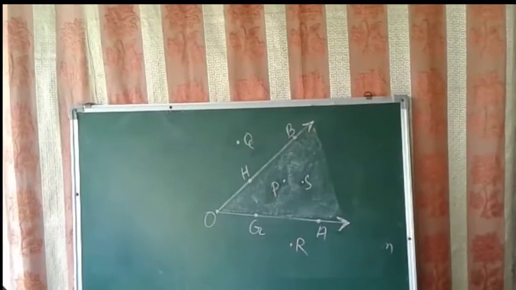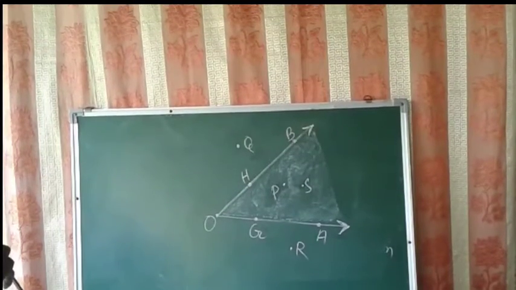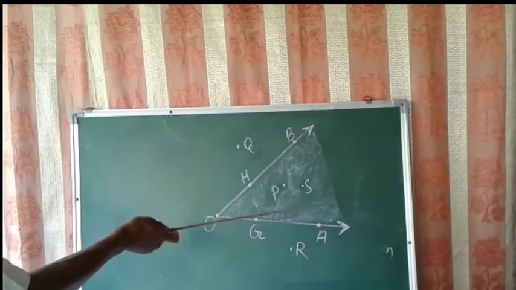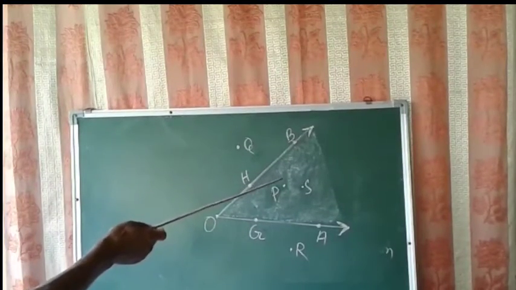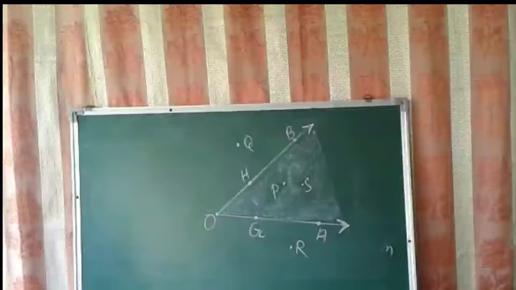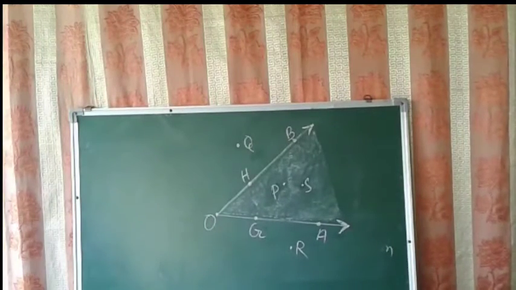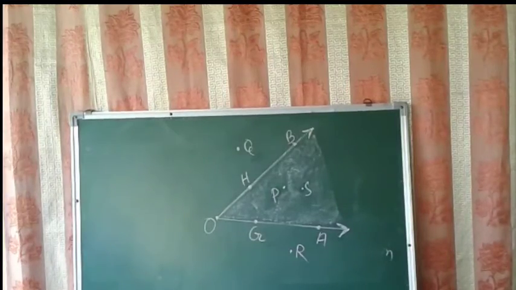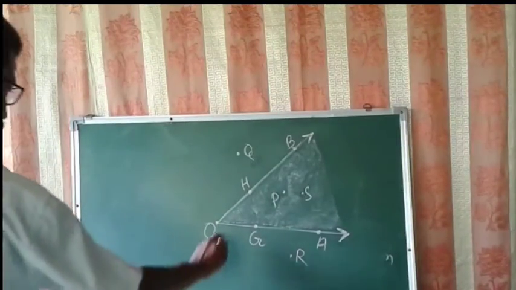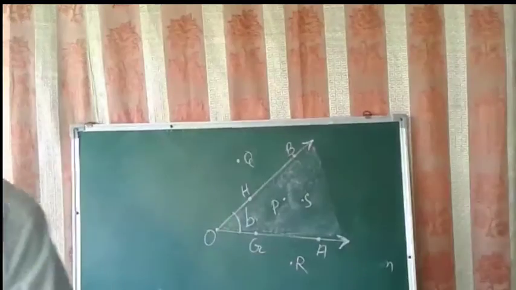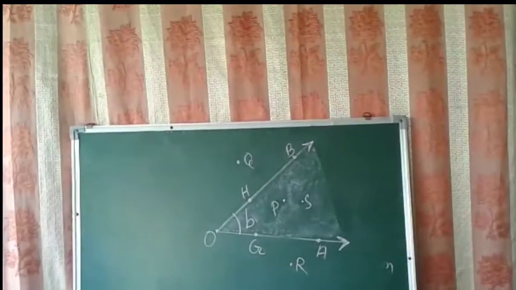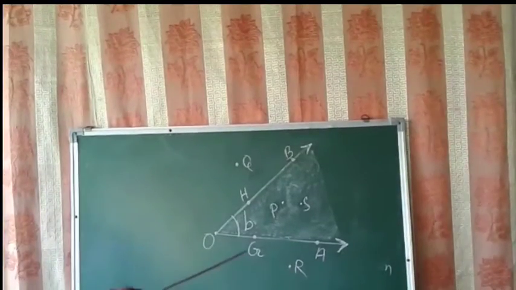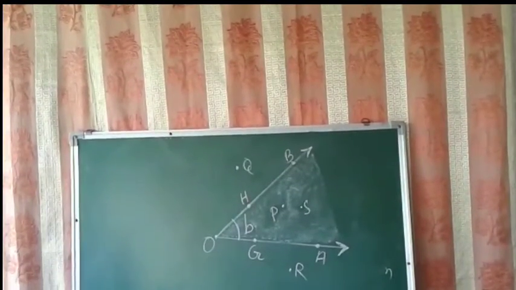The magnitude of an angle. The measure of an angle, or its size, depends upon the amount of opening between its sides. An angle AOB has a measure denoted by an arc of a circle drawn in the inside region.